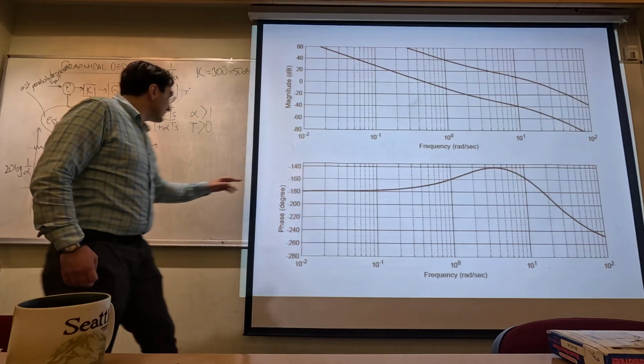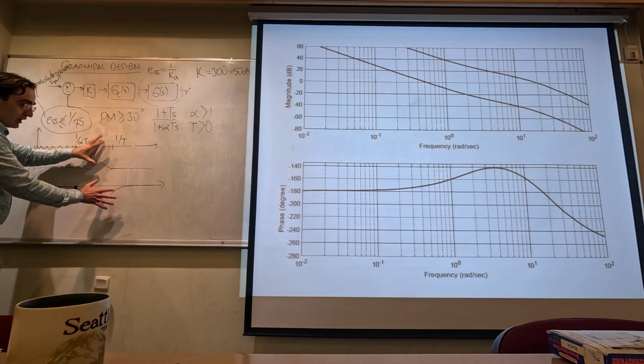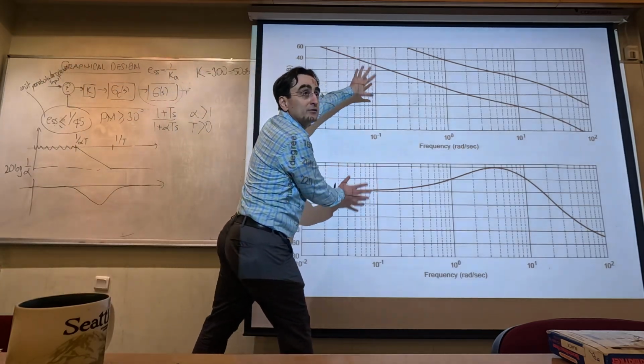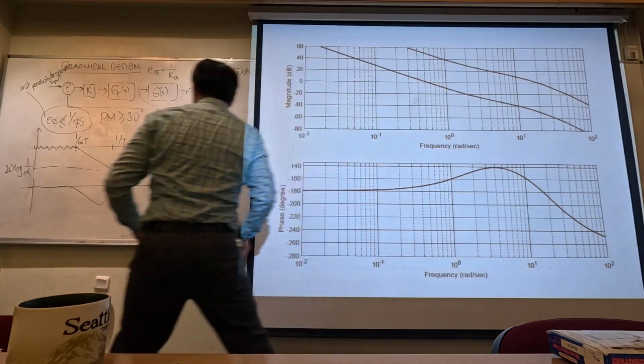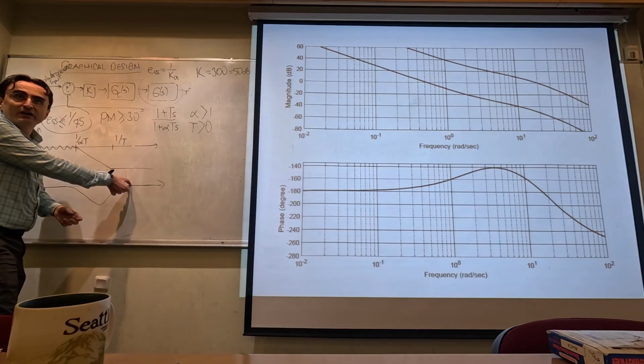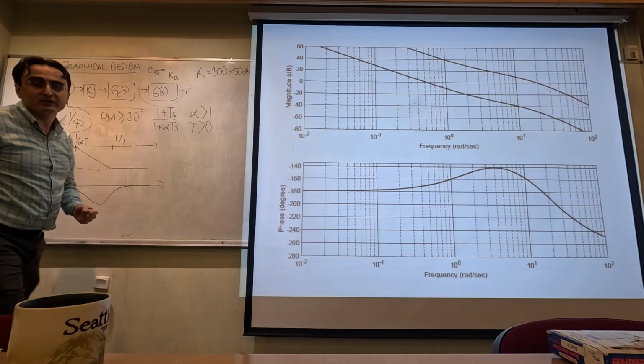Okay, but here, as you might remember, I'm going to try to place this magnitude and phase somewhere here. Okay, and in such a case, there would be still a negative phase here that might affect the phase of the compensated system just a little bit.